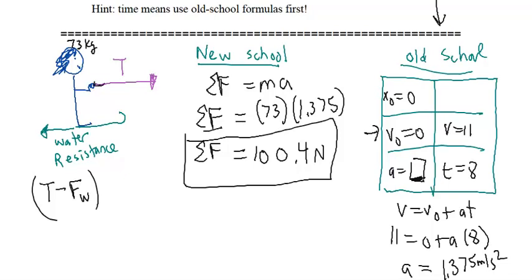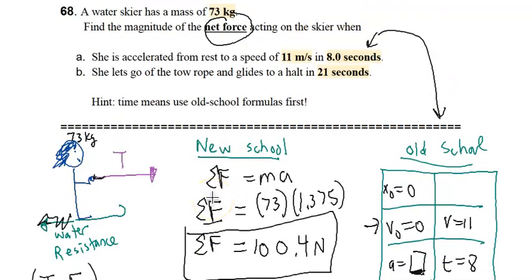She feels whatever this tension is in her hands. She doesn't feel the water resistance. But we don't know any of that. All we know is tension minus water resistance is 100. So that's what it means: she's accelerating as fast as if there were no water resistance and the tension were 100. Okay, so that was question A.